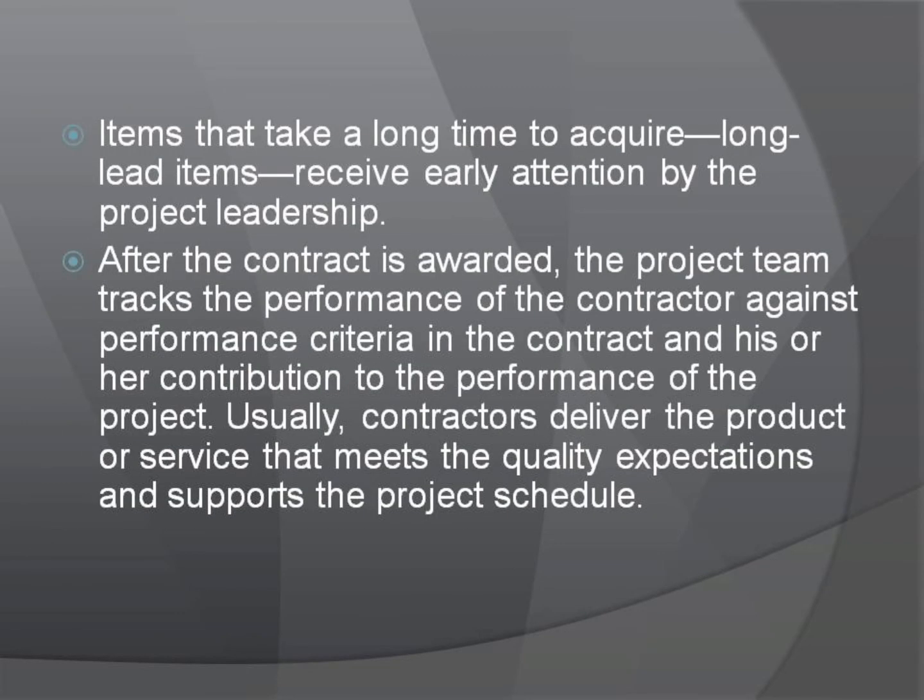After the contract is awarded, typically there are also one or two contractors that do not perform to project expectations. Some project managers will refer to the contract and use it to attempt to persuade the contractor to improve performance or be penalized.